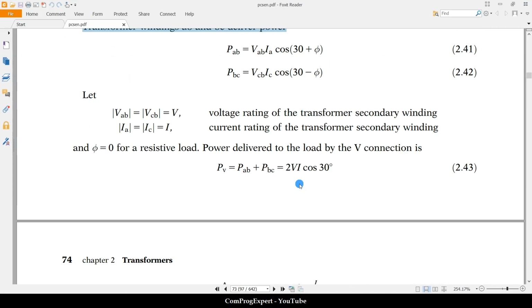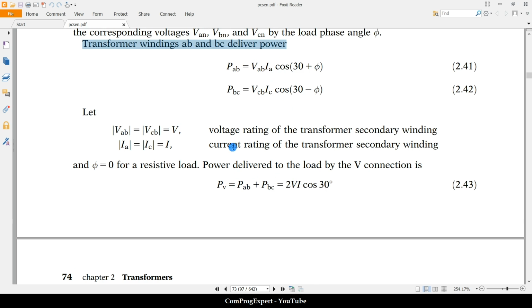So here we will have this summation. The power delivered by the part AB and BC is 2 VI times cosine of 30 degrees.